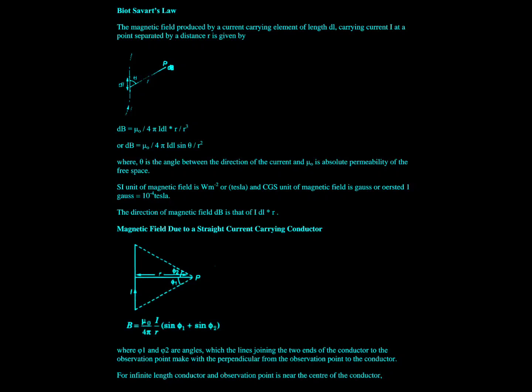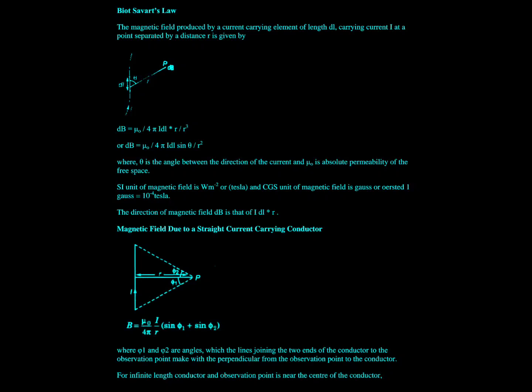Permeability means the capacity of a substance to have magnetization in the presence of a magnetic field. So after solving this, we have a particular relation for dB, and there is a standard value allotted for the constant mu naught upon 4 pi. Mu naught upon 4 pi is equal to 10 raised to power minus 7 Tesla meter per ampere.